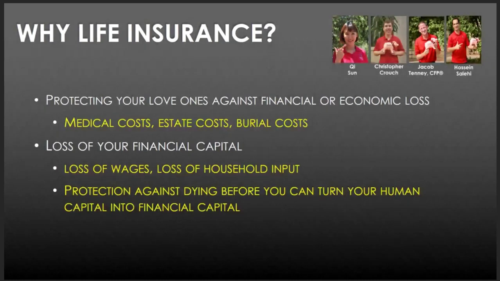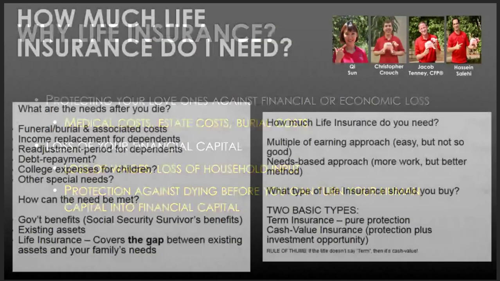Another perspective is that we want life insurance to protect your loved ones against financial or economic losses, which means we probably need the death benefit to pay off the medical costs, the estate costs, and the funeral costs. So that is one way to protect your surviving family members. Those are the two perspectives for understanding why we need life insurance.